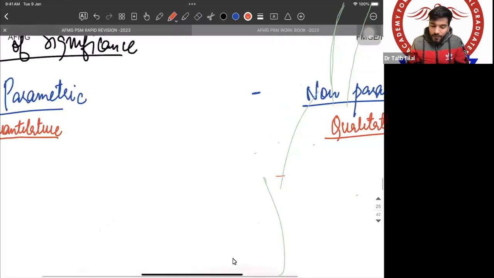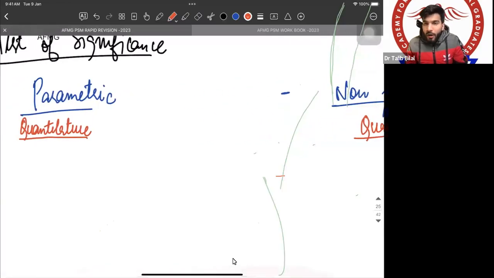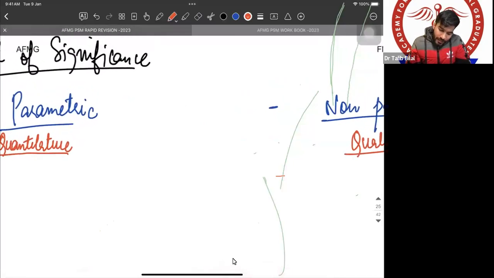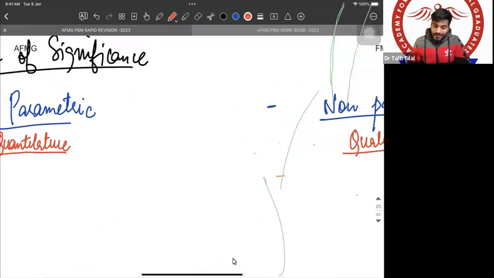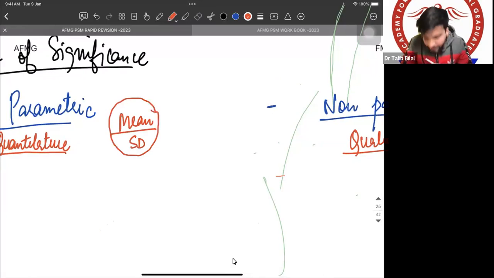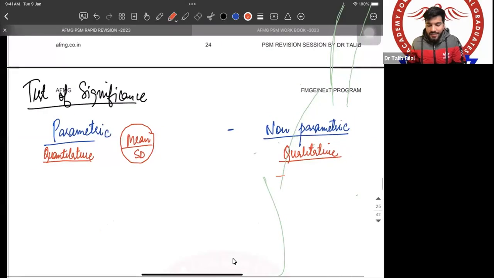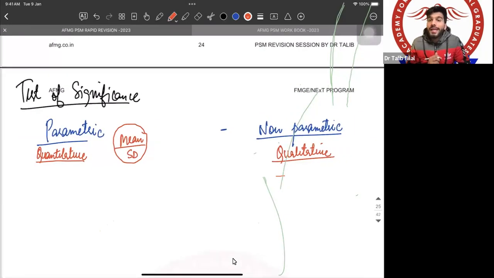So first you have to see whether it is a quantitative data or a qualitative data. So in parametric, we have which type of data, guys? Quantitative data. Usually what we check here, guys, is mean and standard deviation. Whenever in a question you see that the examiner is asking about mean and standard deviation, that means you are using which type of test? Parametric or a quantitative type of test.